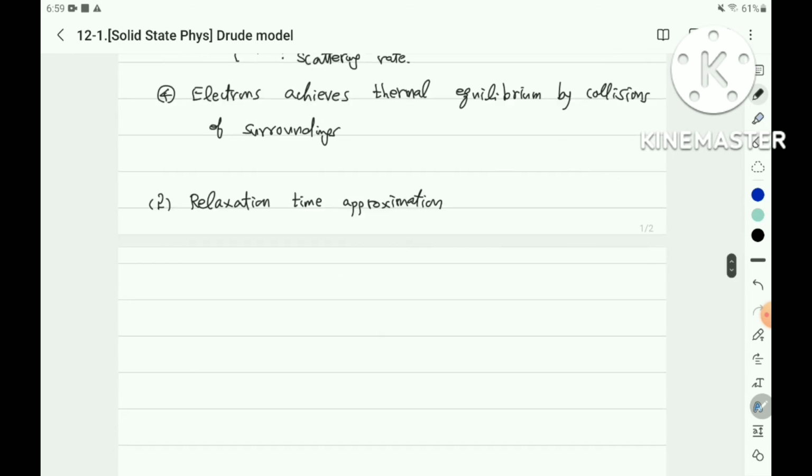And the current density of electrons can be defined as the current density equal to minus NeV.